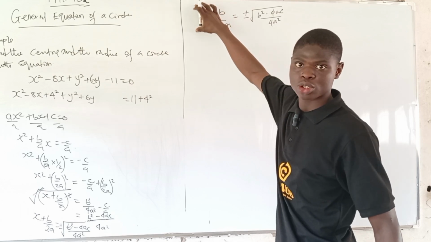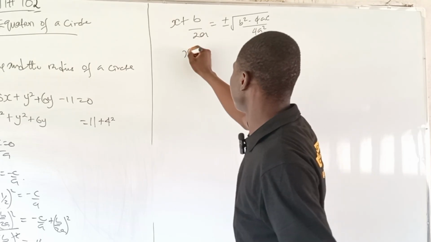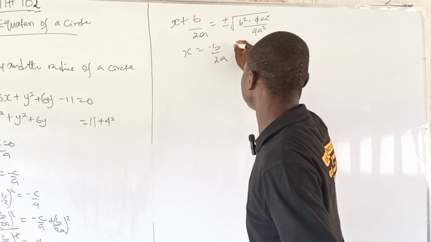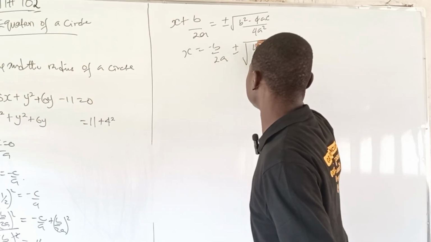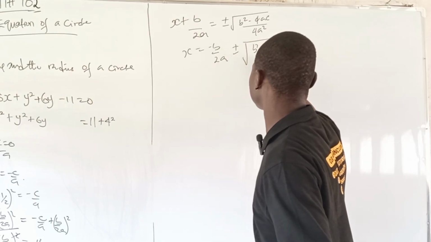So we want to make our x the subject here. So we're going to be taking this way. x equals negative b over 2a plus or minus the square root of b squared minus 4ac over 4a squared.